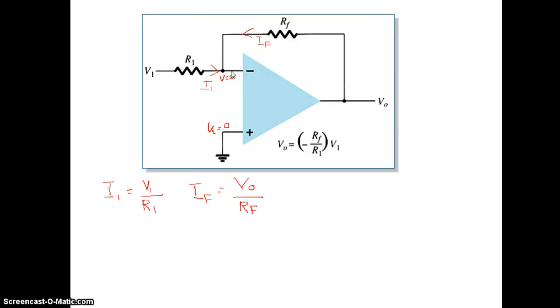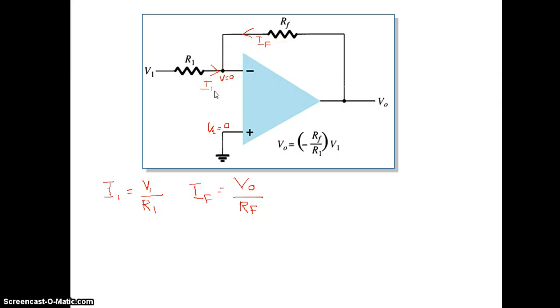When I am considering the node here, you have three branches meeting, 1, 2 and 3. Now the current at this branch: as this voltage is 0, no current can flow out from here towards the negative terminal.